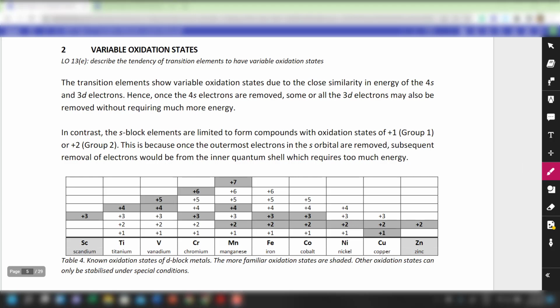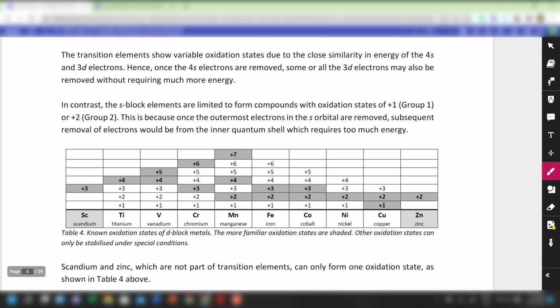There is of course a limit to the number of 3d electrons which can be removed. If you take a look at this table, we have scandium all the way to copper and zinc, and you notice that from scandium to manganese, the number of 3d electrons increases from 1 in scandium to 5 in manganese. For manganese, it is already the extreme.